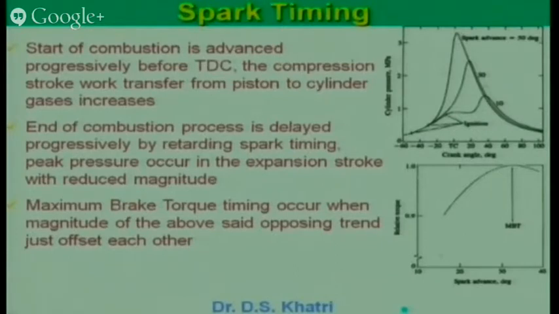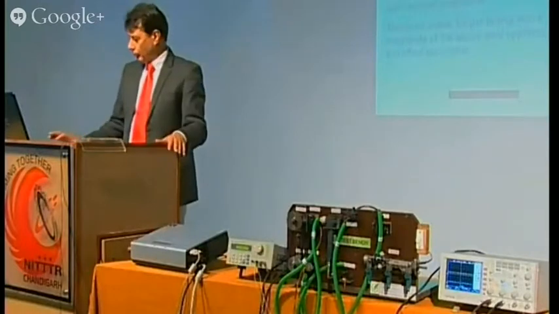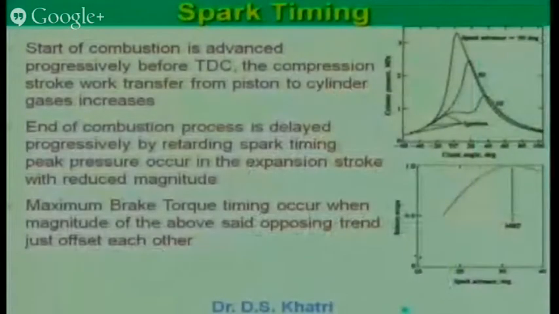So if I want more power and more torque, I have to advance the ignition timing. But when I am advancing the ignition timing, NOx also increases. So I have to balance both the things. That is called calibration. I have to do it. And this is the MBT. You know what is MBT?